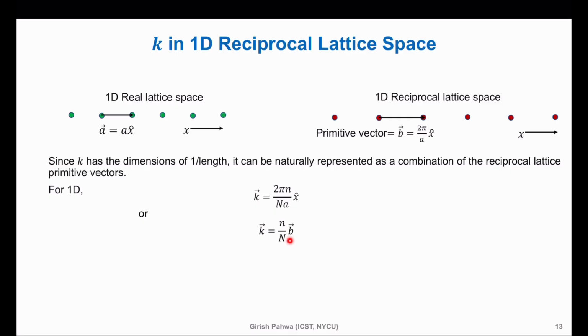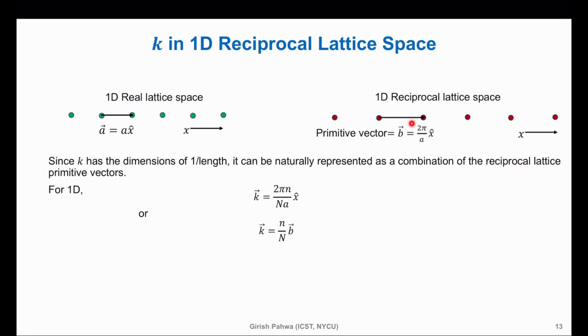In general it can of course be larger if you take n beyond capital N, but say if n is less than capital N, we limit ourselves to that case. So the magnitude of vector k will be less than b. So in one primitive vector, I can fit several k vectors. That's what it means. True? The vector b is larger than vector k.